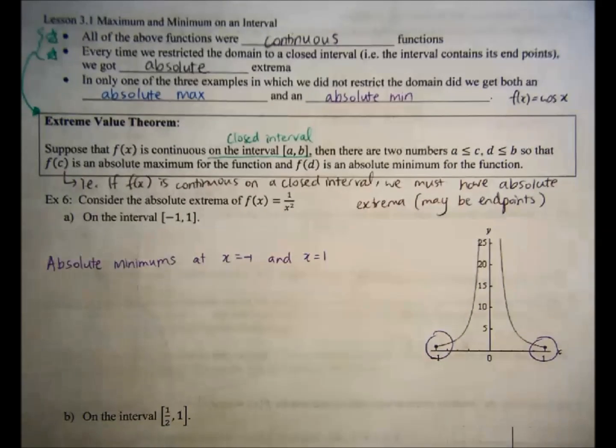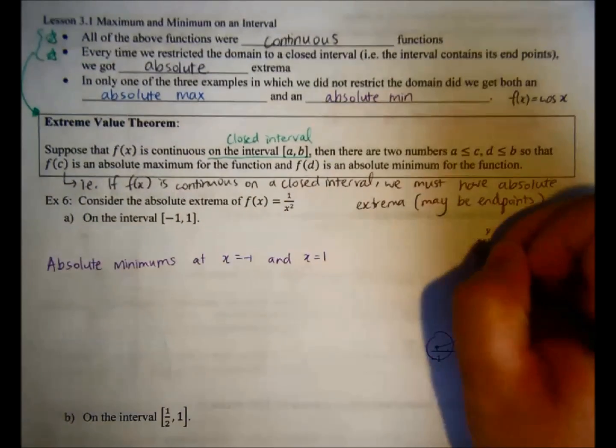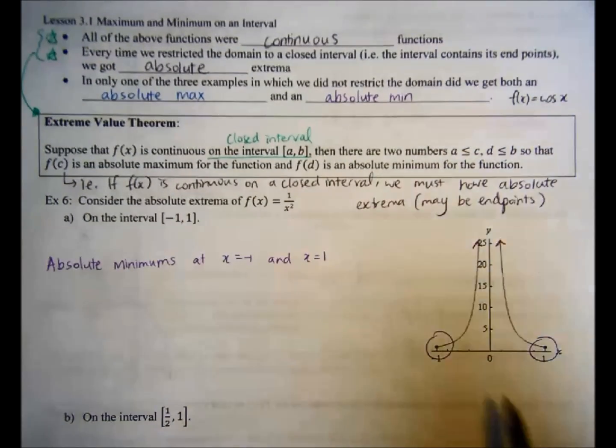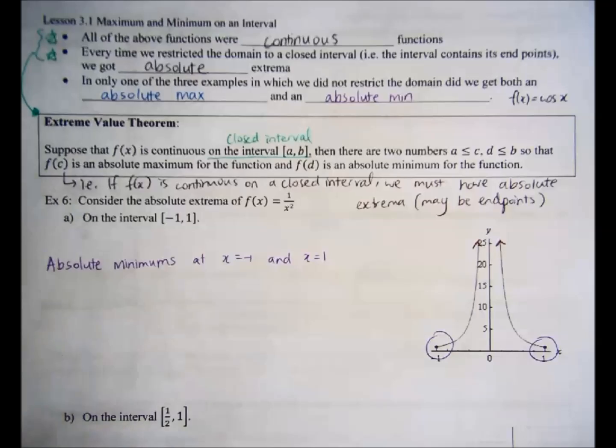Those are our absolute minimums. And because the function continues towards this vertical asymptote at x equals 0, there would not be an absolute maximum.